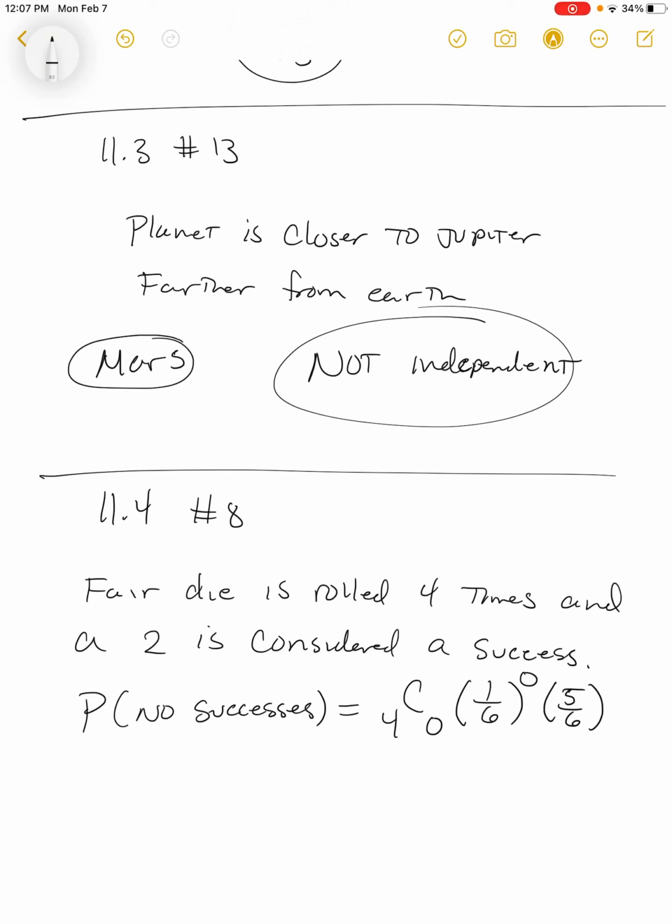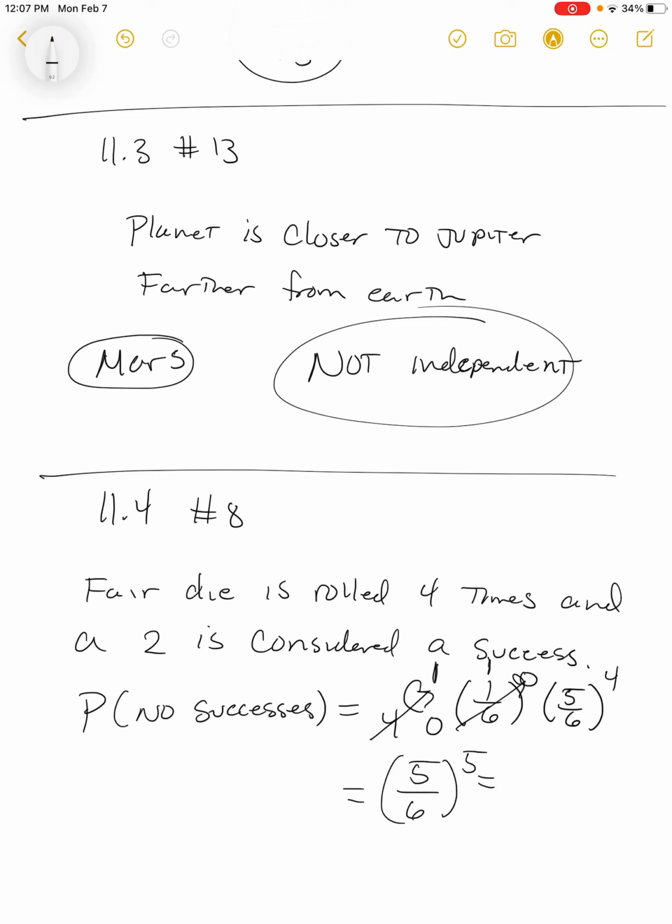So that may be where the problem came from. A single number like 2 coming up is 1/6. If we say not a 2, well, that has 5 out of 6 opportunities. And we need that to happen all 4 times. When you run this in a calculator, you'll figure out that C of 4, 0 is just 1. Anything raised to the 0 power is 1. So our real answer is just 5/6 to the 4th power.